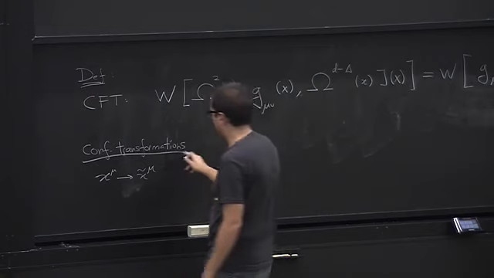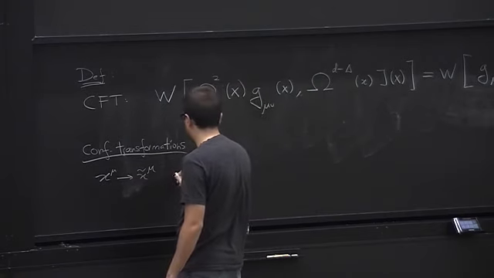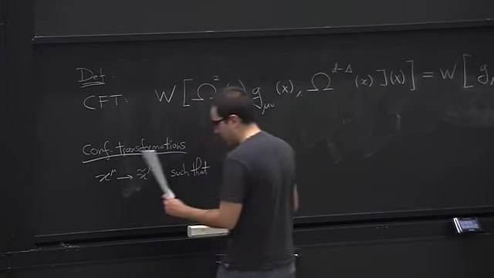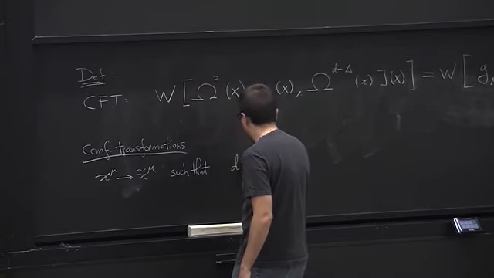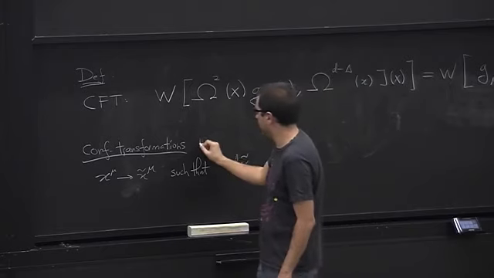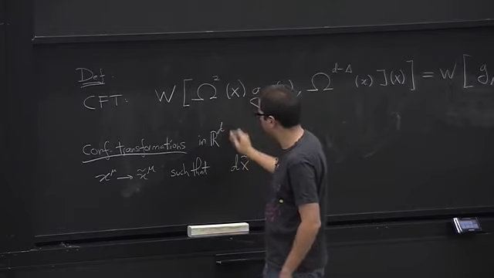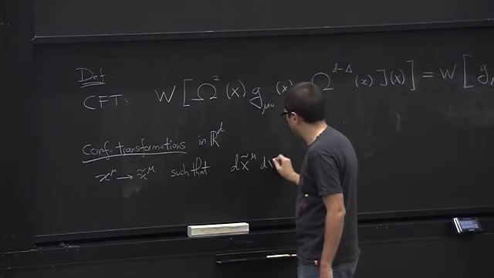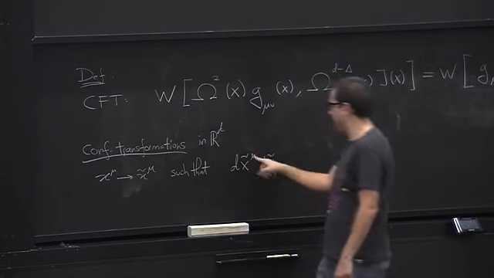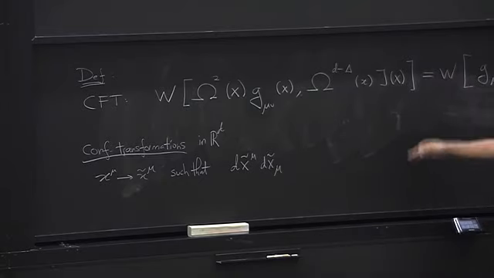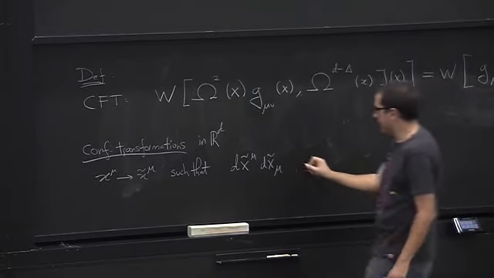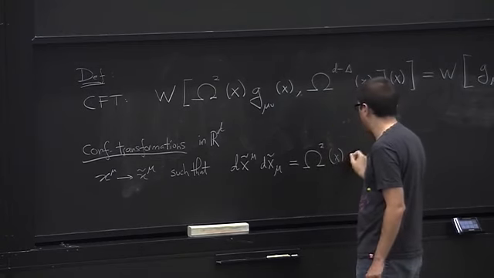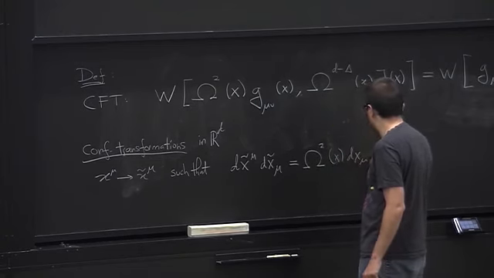Conformal transformations in flat space, in R^d, are transformations such that the new line element, which is just the Euclidean line element, is equal to some omega squared of x times dx mu dx mu.